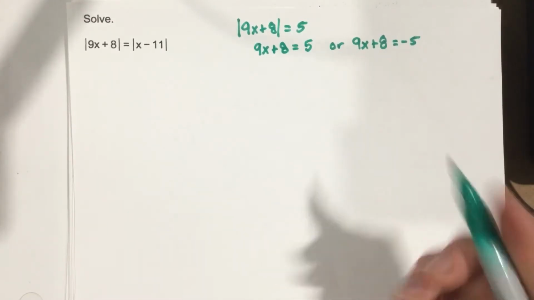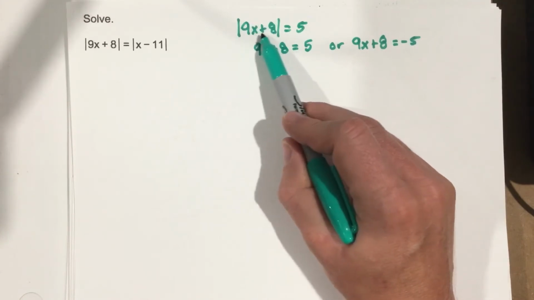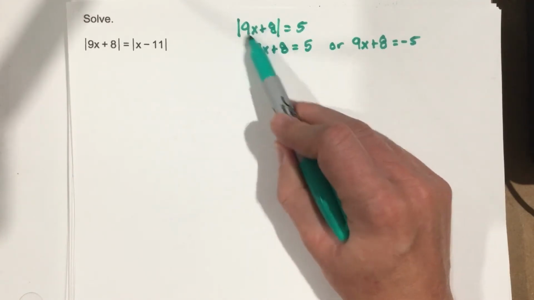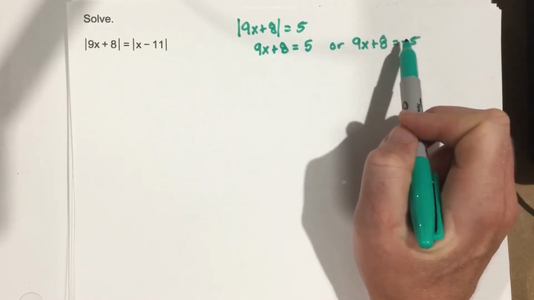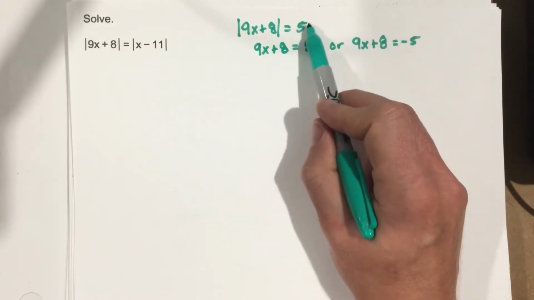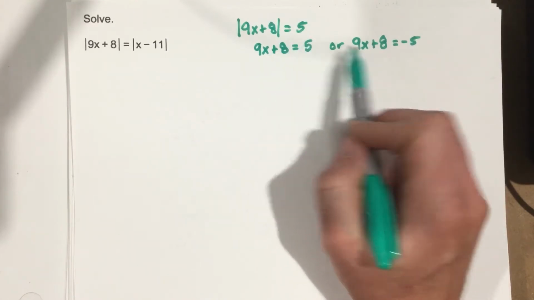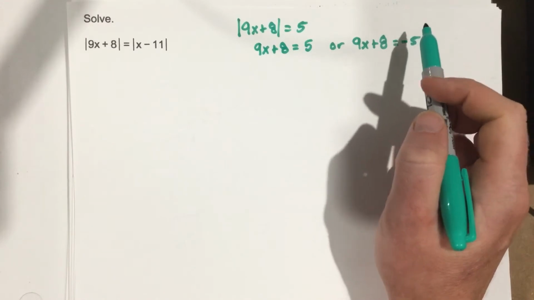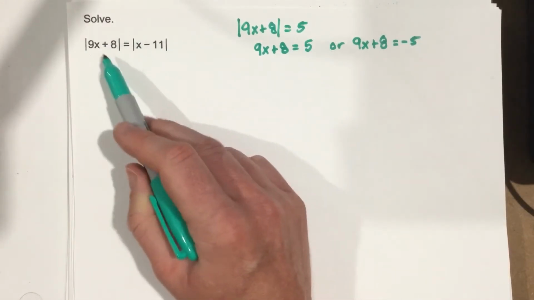So we would essentially say that what we got inside the absolute value sign needed to be either a 5 or a negative 5, right? We basically just took what was out here and set an equation equal to the positive version and set an equation equal to the negative version. We're going to do the same thing for this problem here.